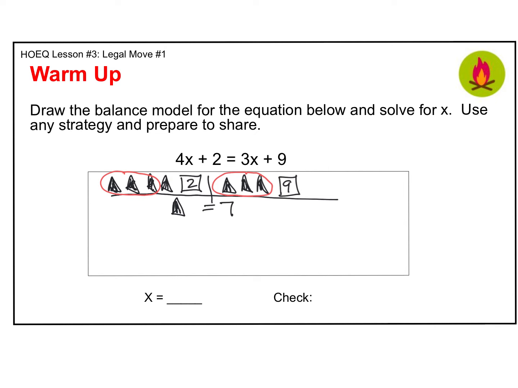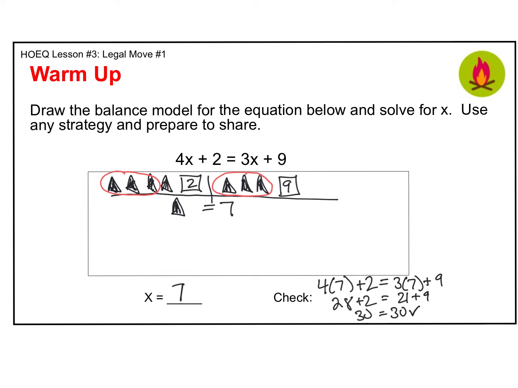And we can do our check is doing 4 times 7 plus 2 has to be the same as 3 times 7 plus 9. This becomes 28 plus 2, which is 30. And this becomes 21 plus 9, which is also 30. So it checks. So our x is equal to 7.